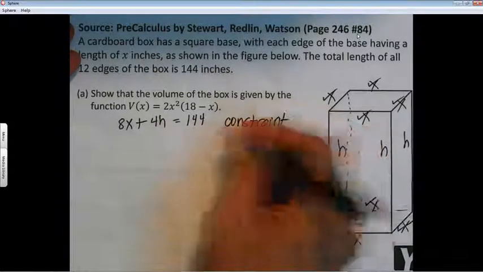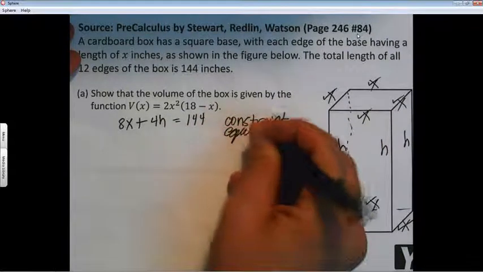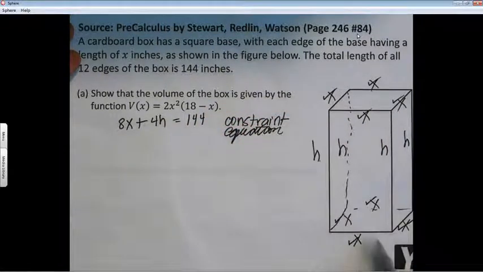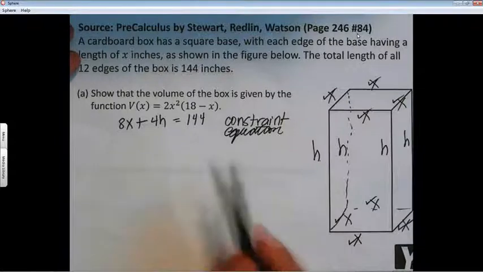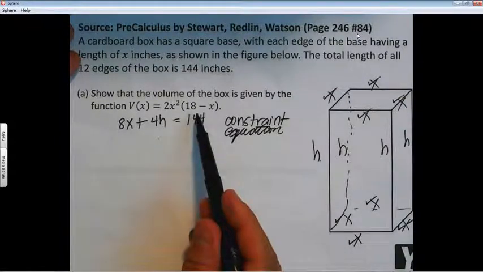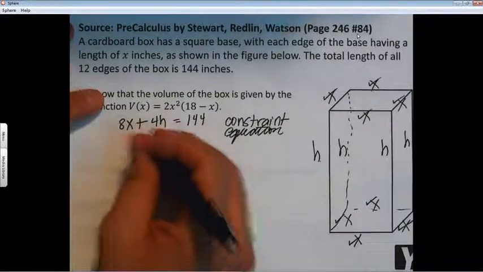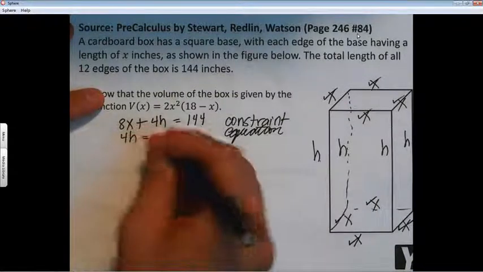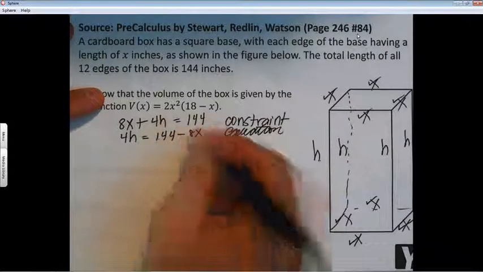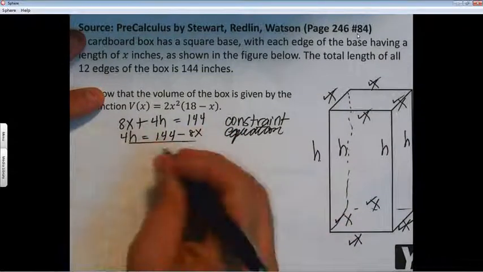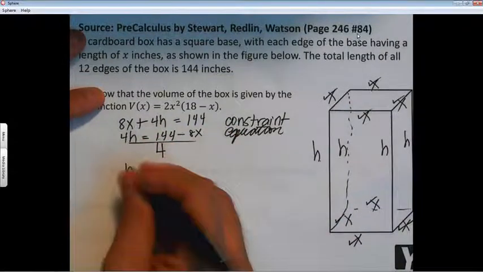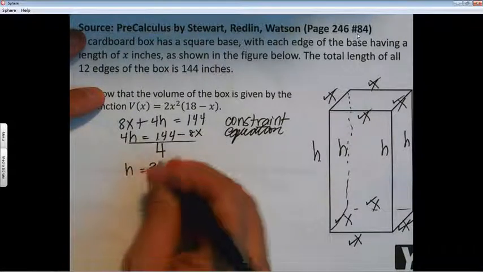Since my volume is a function of x, meaning that x is the only variable in there, I'm going to use this, I like to call this my constraint equation. This constraint equation establishes a relationship between the height and the length of the base. I'm going to use this constraint to rewrite the volume formula this way.